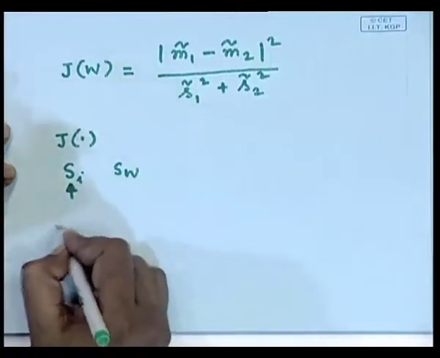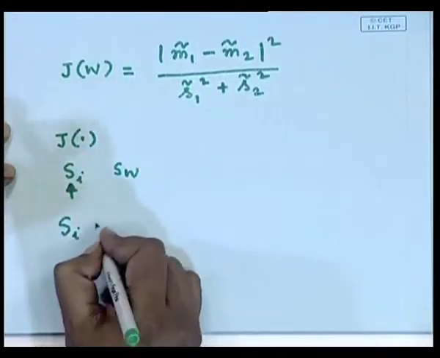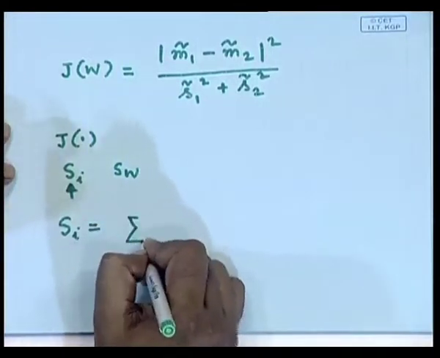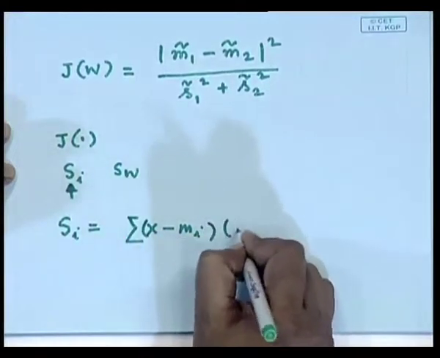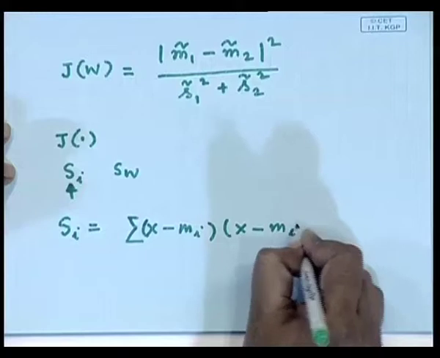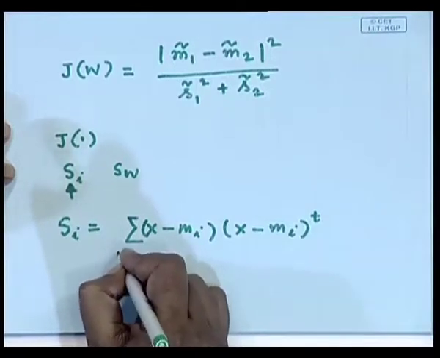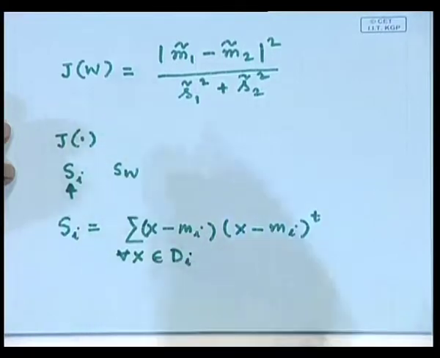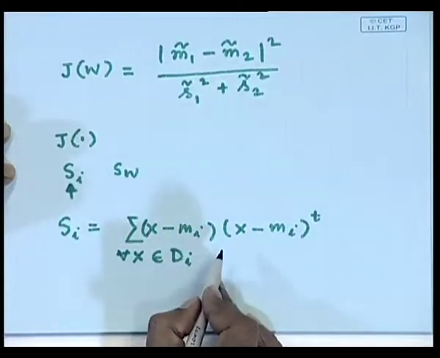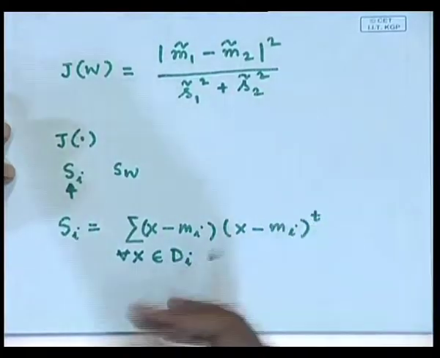So, as before, I can define S I, the scatter of the samples within the ith class, which is nothing but the sum of x minus m I into x minus m I transpose, where I have to consider this summation over all x belonging to class D I. Okay. So, this gives me the scatter of the samples in set D I, or the scatter of the samples which are taken from class omega I.